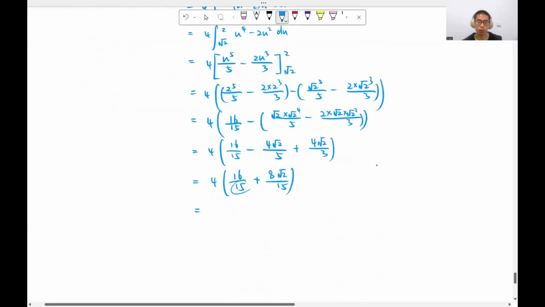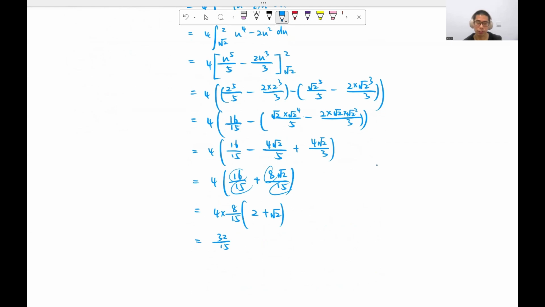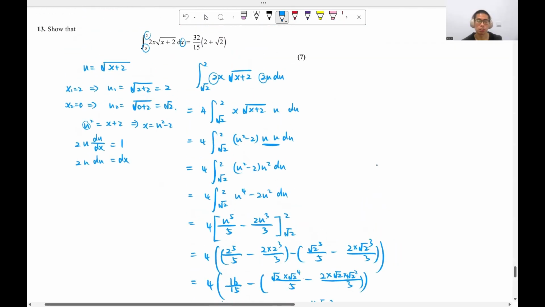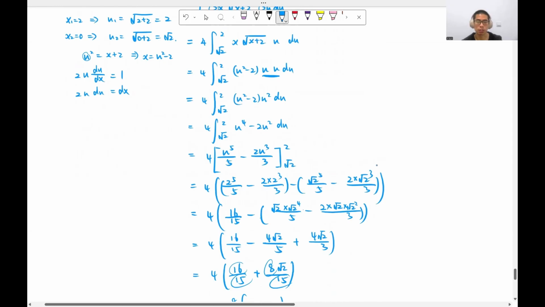We have all over 15, and then 16 and 8, we have a factor 8. So we can take out 8 over 15. What we have left will be 2 for the first one, and root 2 for the second one. So that will give us 32 over 15 times 2 plus root 2, which is the answer we need.